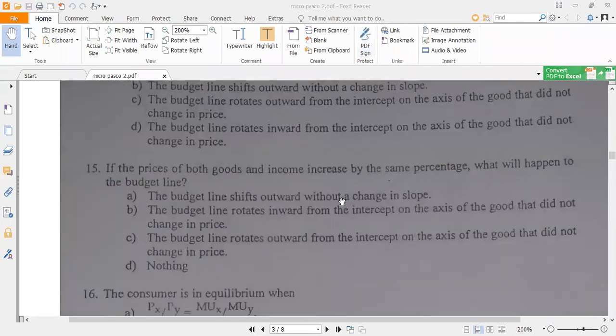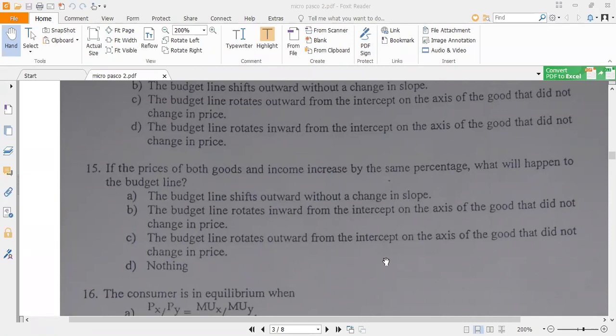Number 15. If the prices of both goods and income increase by the same percentage, what will happen to the budget line? All right, when you get to 400, you'll be asked to find the Marshallian demand function and to prove that the Marshallian demand function is homogeneous of degree 0.